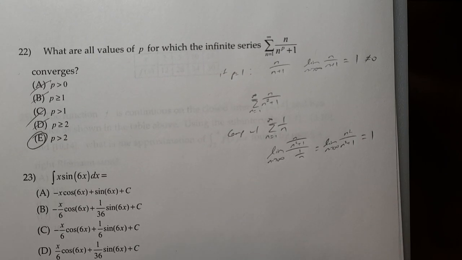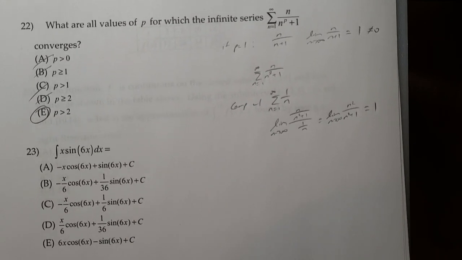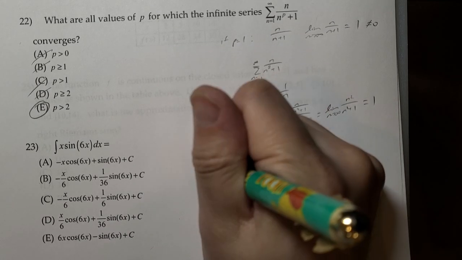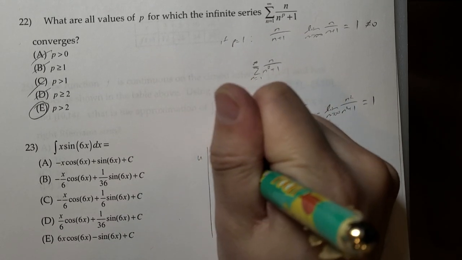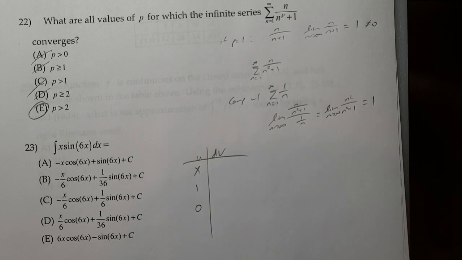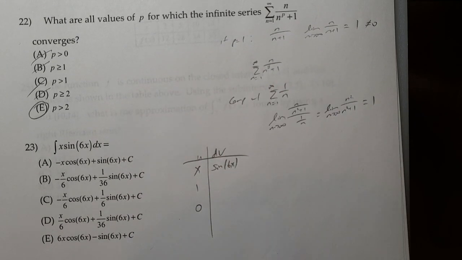This worked out solution that I found did it a totally different way. So this is how I thought of it though. Okay, this one's clearly integration by parts. Hopefully you can tell that. I'm just going to do it the tabular method. U and dv, u would be x. We differentiate it until we get to 0. Sine 6x goes into the dv. We integrate it just as many times.